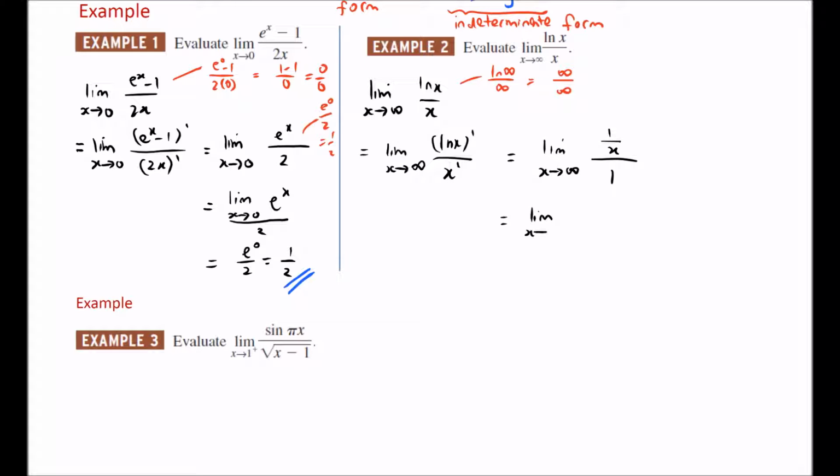So you get the limit as x approaches infinity of 1 over x, which is 0. Initially we thought infinity over infinity was the limit, but because it is an indeterminate form, we apply L'Hopital's rule and finally get the actual limit. 0 is the actual limit for this question.